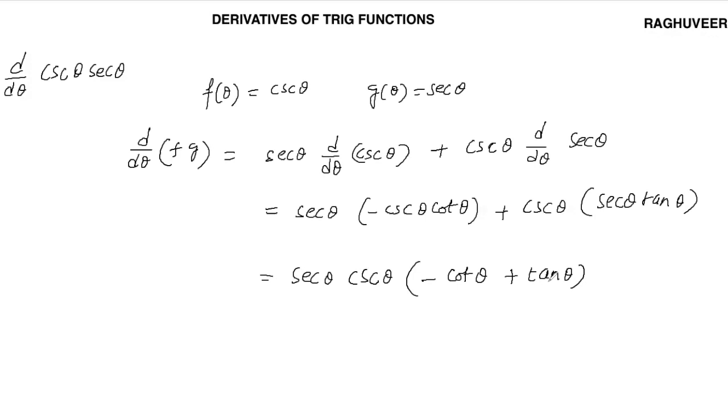If you further simplify this, you get the final answer as cosecant square theta plus secant square theta.